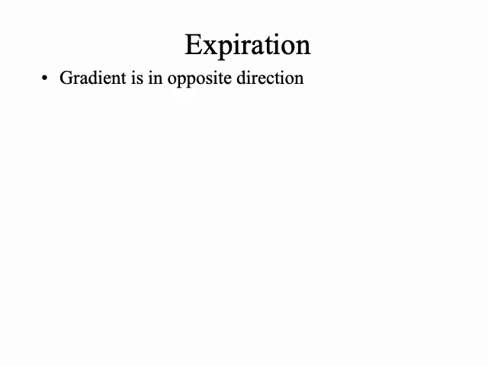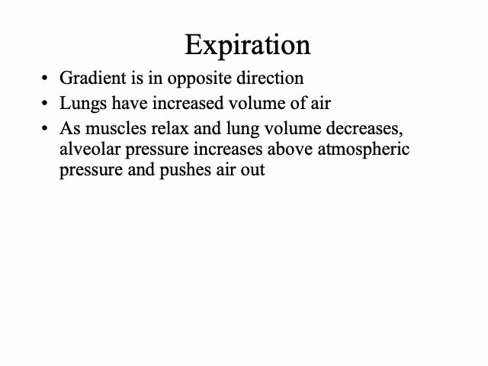With expiration, of course, we're going to be breathing air out, right? But what we have at the beginning of expiration are expanded lungs full of air. And what we want to do is just relax. And as the muscles relax and collapse the chest cavity, the lung volumes are going to decrease just as the thoracic cavity decreases.